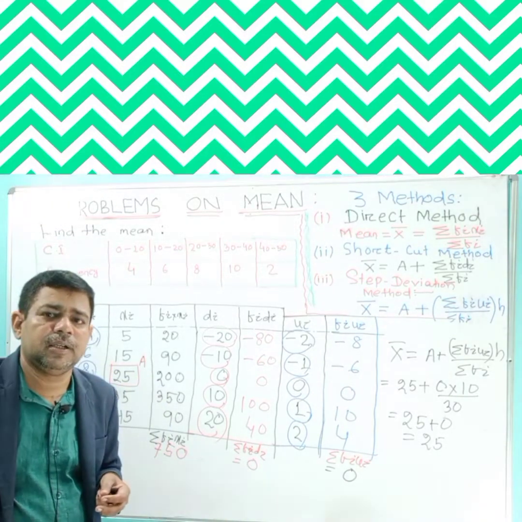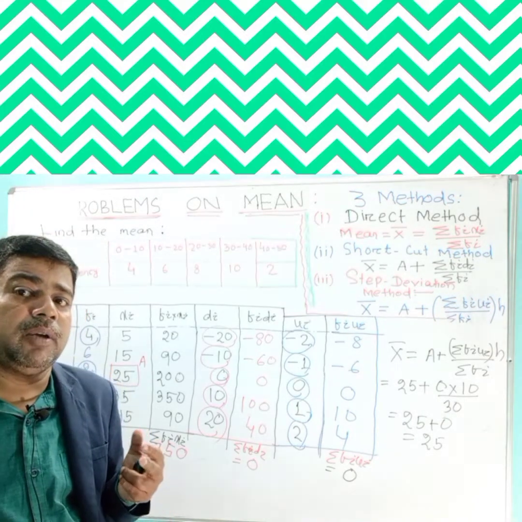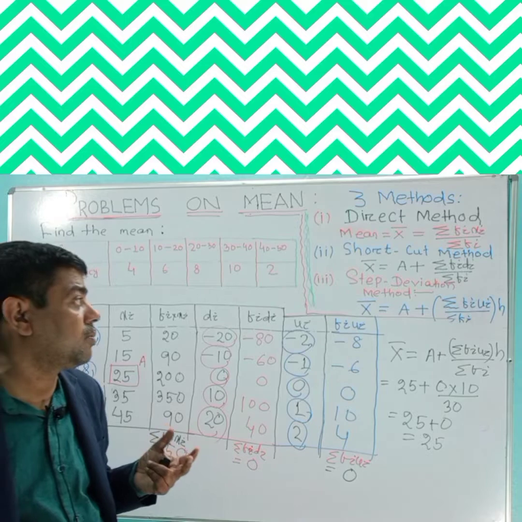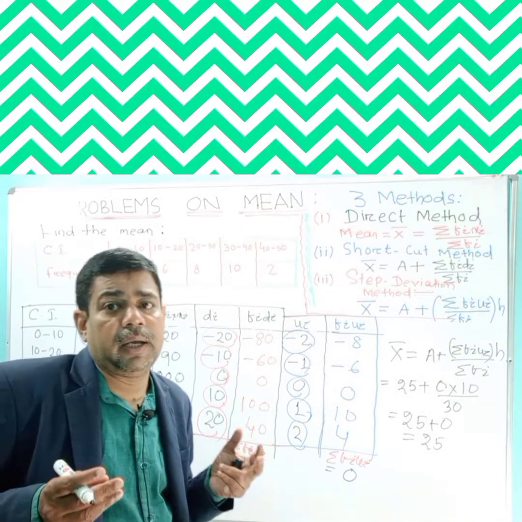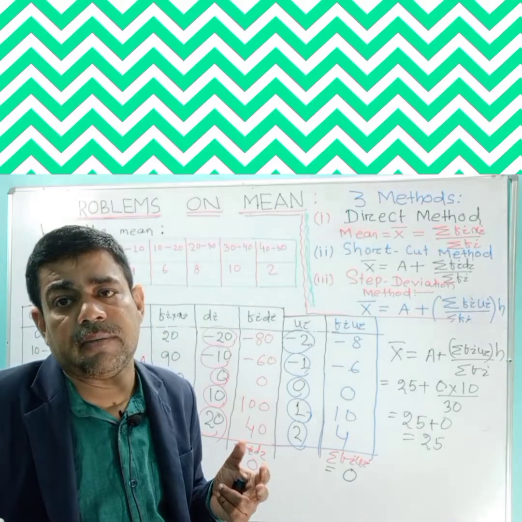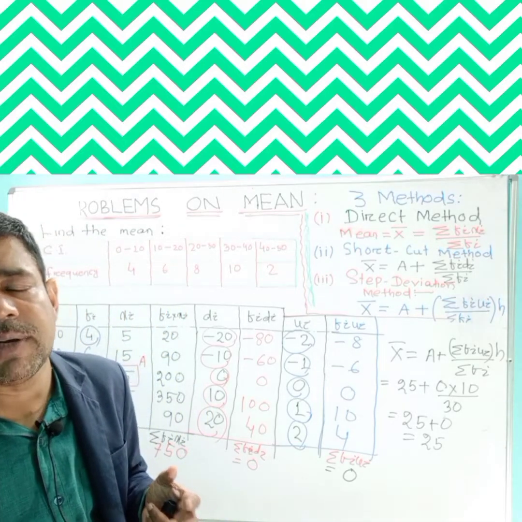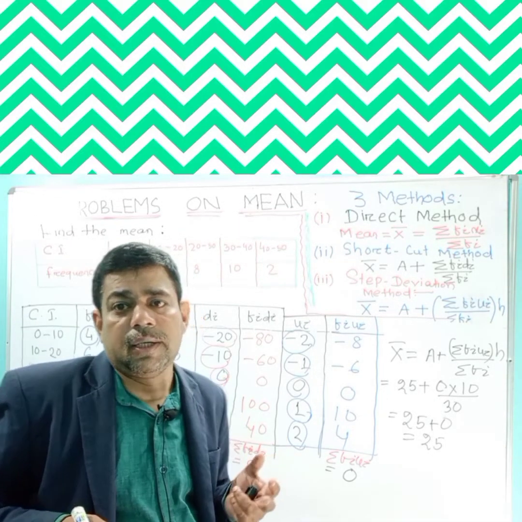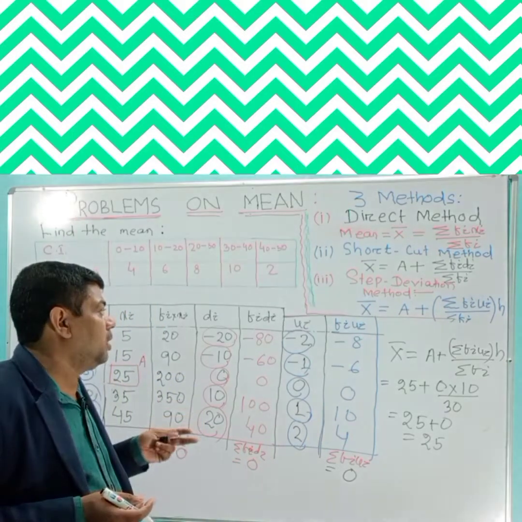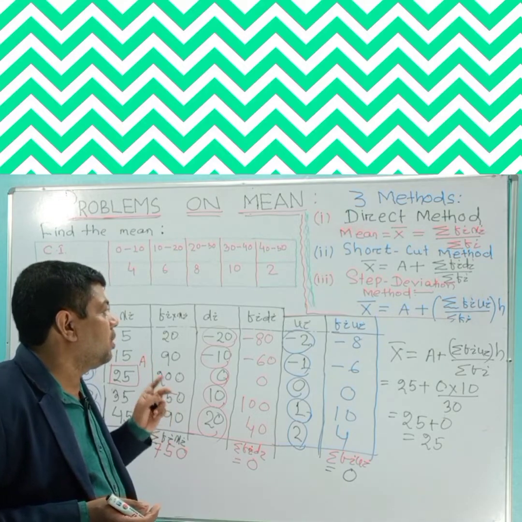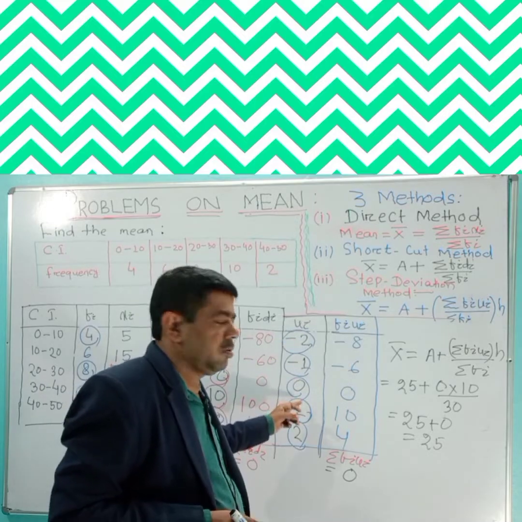Okay, understand? Is it clear, all of you? Remember why you are using the step deviation and shortcut methods. In the direct method, the fi xi products will be very large, 3-digit or 2-digit numbers, so your calculation will be difficult and you may make mistakes. So to avoid that, you convert the data into the form of deviation and find ui, which are very small, single digit numbers.